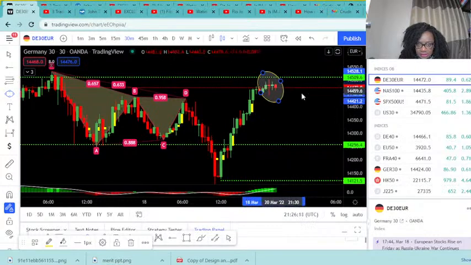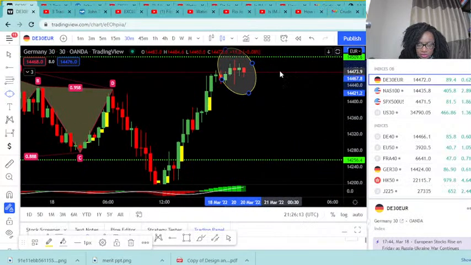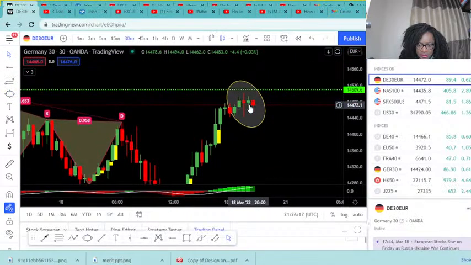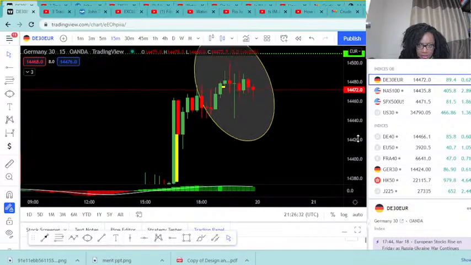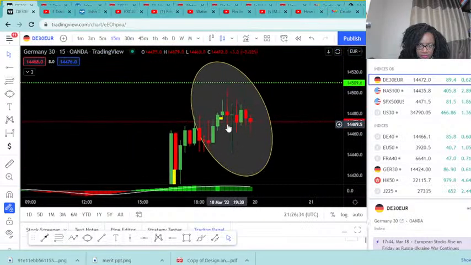We can see that there is an indecision doji. So let's look at the candle activities. There are quite a few indecision dojis here, and then eventually a bearish hammer. And my question is, and we're looking at the 30-minute chart, if we go to the 15, we can see quite a few other dojis there highlighting the battle.